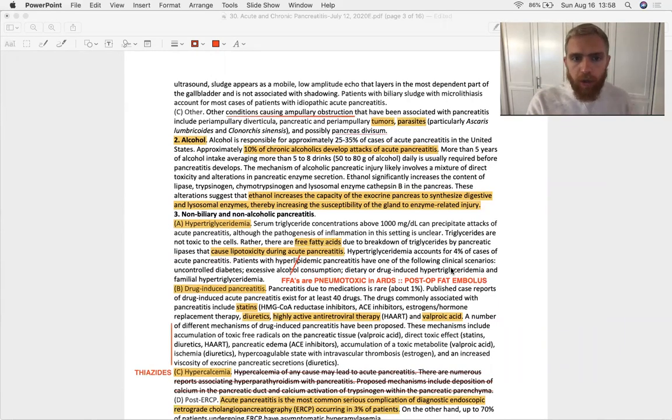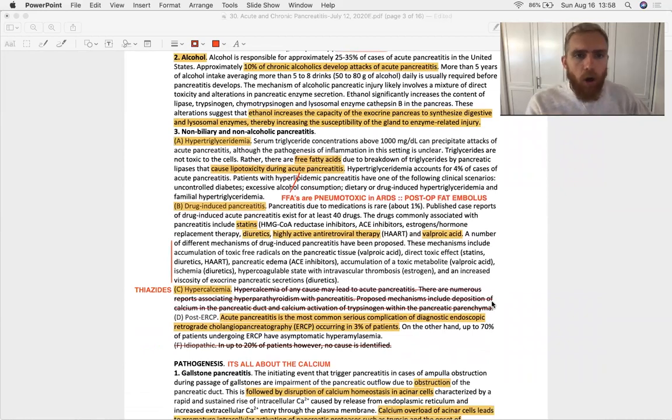And then Clonorchis sinensis, that's the liver fluke, which likes to get up into the liver and into the biliary tree and cause an obstruction that way. Pancreas divisum is an anatomical congenital malformation that is going to clamp down on and occlude the ampulla of Vater.